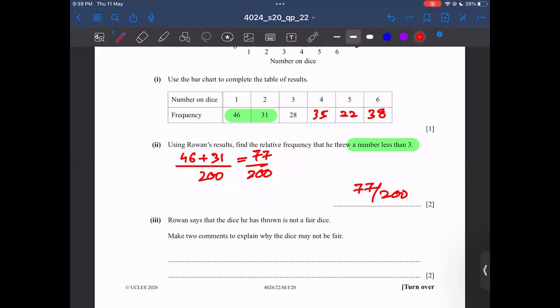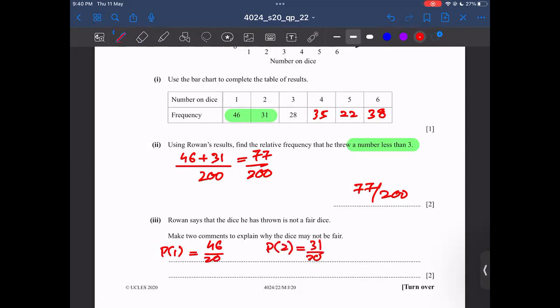The first comment would be that the probability of every event should be the same. For example, the probability of 1 is 46 by 200, and the probability of 2 is 31 by 200.